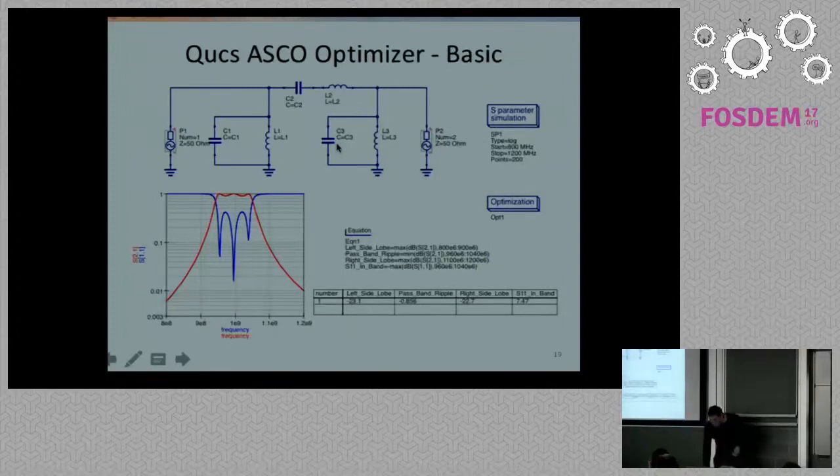And they're going to be defined by an optimizer, which is trying to optimize some constraints. In this case, we want to minimize the ripple on the passband, maximize the side lobes to have a very nice filter. And by just running an optimization, it gives you the best parameters in this situation.